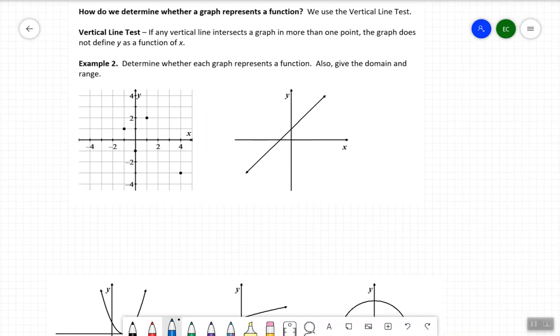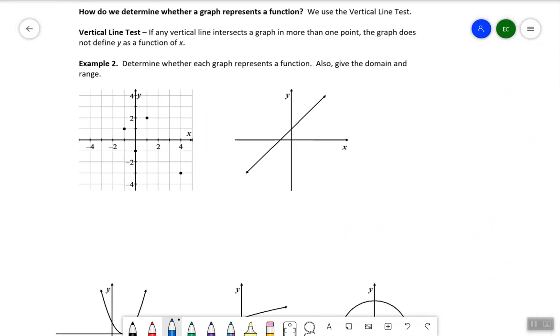Maybe we'll come back to this first graph in just a minute, but let's start with the second graph. So what we're saying here is let's imagine drawing vertical lines all over this graph. How many times does the vertical line touch the graph? All right, the graph is this line right here.